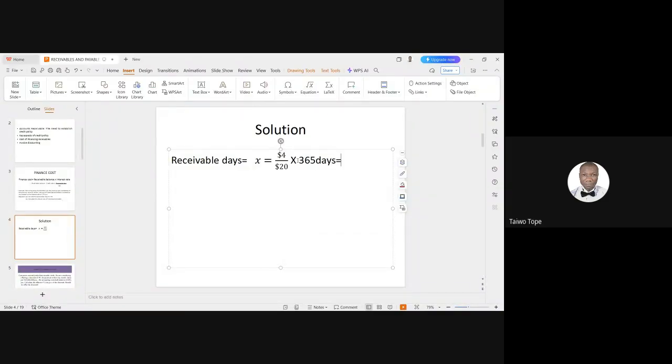And when you do this, the number of days will be 73.